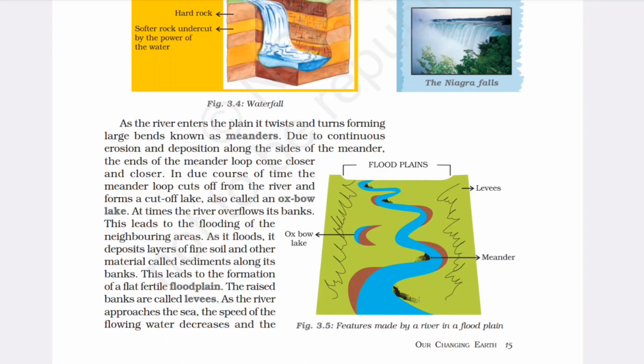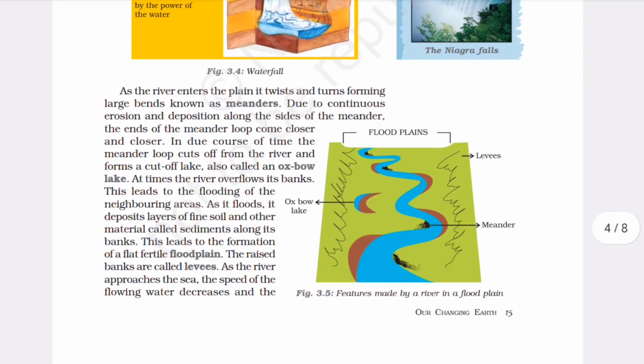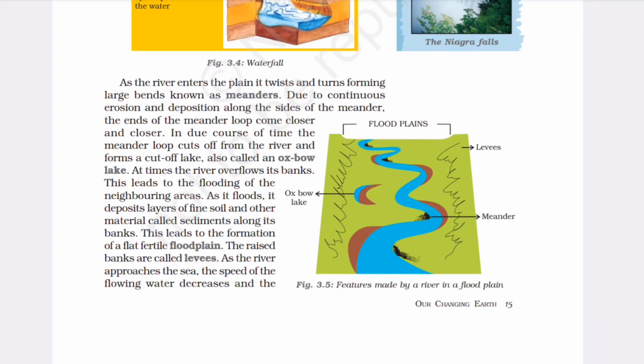Due to continuous erosion and deposition along the sides of a meander, the ends of the meander loop come closer and closer. In due course of time, the meander loop cuts off from the river and forms a cut-off lake, also known as an oxbow lake.